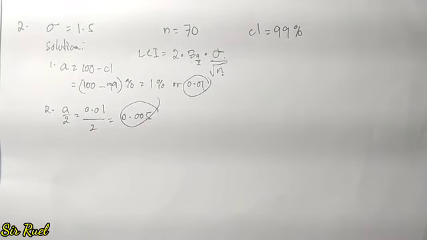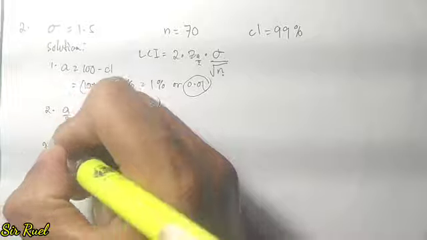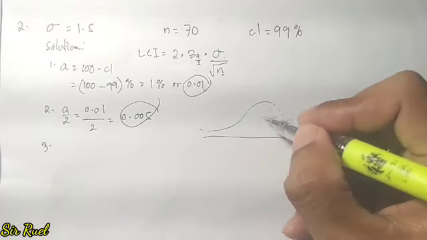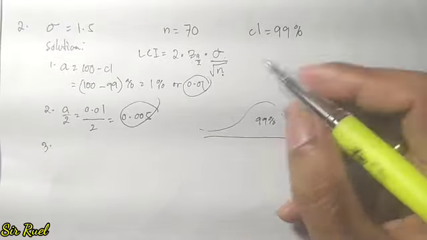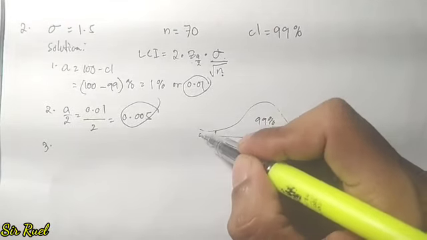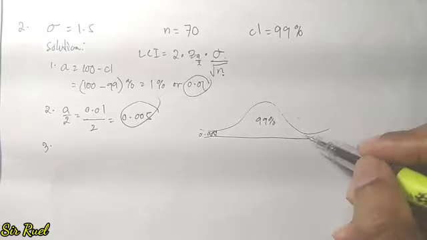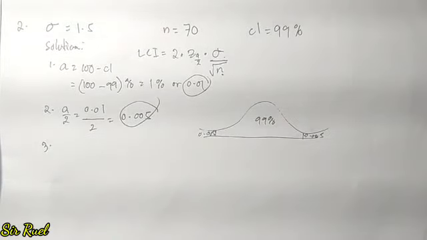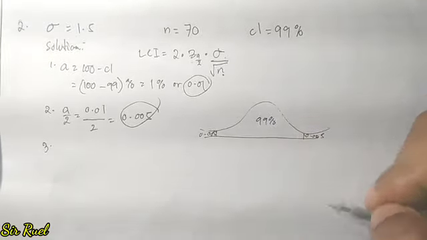Next step. Okay, kung iguhit natin ulit, ito yung itsura niya. 99%. At yung remaining na 0.01 is nahati, 0.005 sa bawat gilid. Sila yung area dyan sa gilid nila. Yung 1% nahati doon sa gilid.